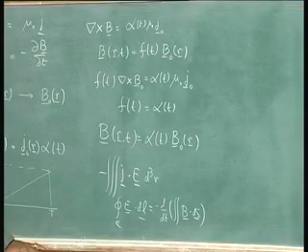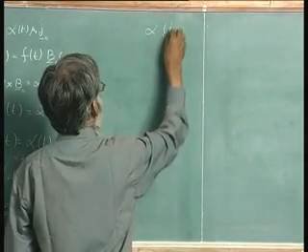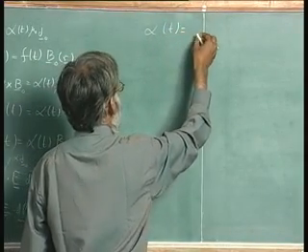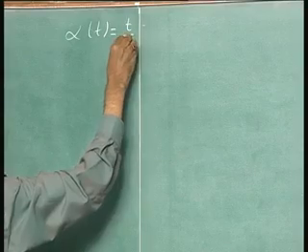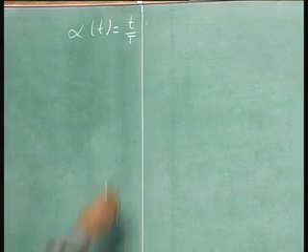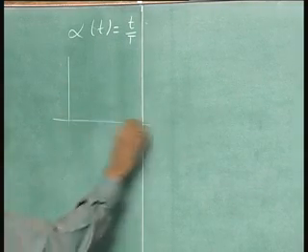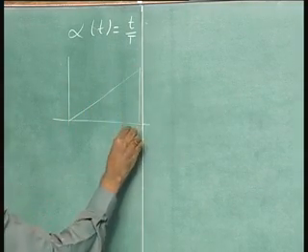I have chosen that alpha of t is equal to t over capital T, because it goes from 0 to 1.